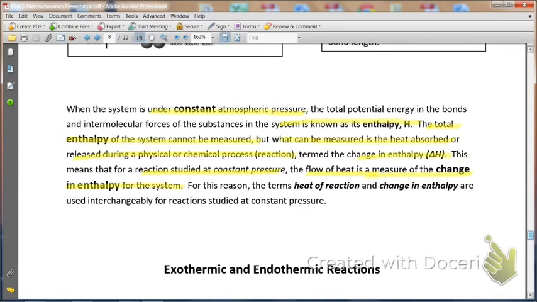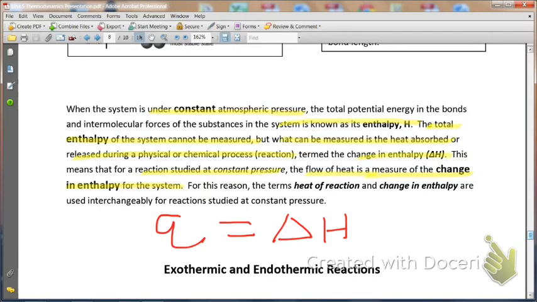If I were to write this down for you, you can say that heat is equal to the change in potential energy, or the change in enthalpy. So if you know how much heat energy is being transferred out of the system or into a system, that is going to equal the same amount of potential energy change, or the change in enthalpy.